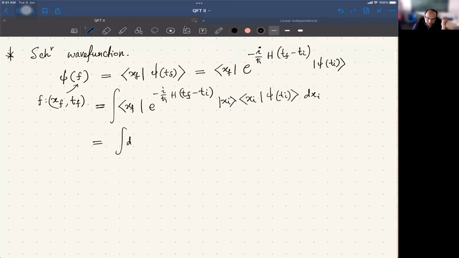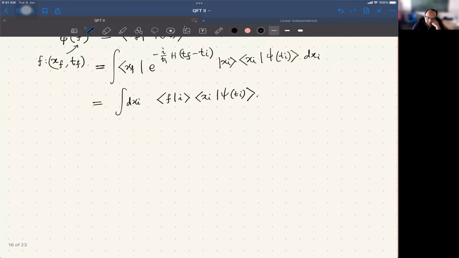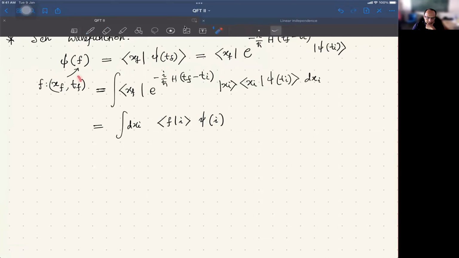So it is integral dx_i of f overlap i times psi of x_i t_i. Let me write it directly as psi i, where f is shorthand for x_f t_f, and i is shorthand for x_i t_i. So that is the wave function here, psi of x_i t_i.